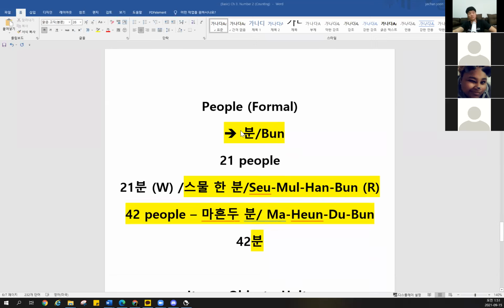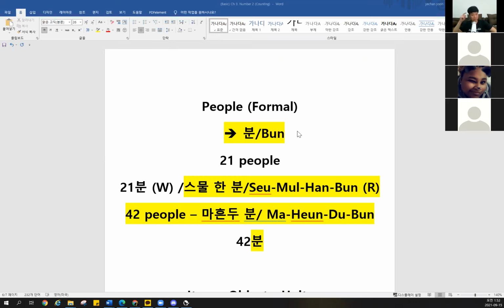Okay. How about the formal word for counting people? You can use 분. Actually, 분 is also the word for minute in hours and minutes, but for counting people formally we also use 분. In Korean, we have several words that have the same pronunciation but different meanings.